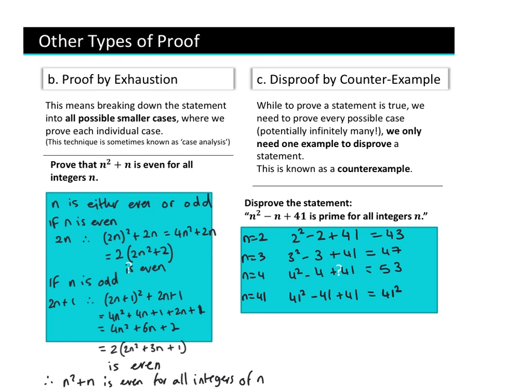Whatever that value is, 41 is actually a factor. So it cannot be prime, because prime numbers have exactly 2 factors, the number itself and 1. Therefore, not prime for all integers of n.